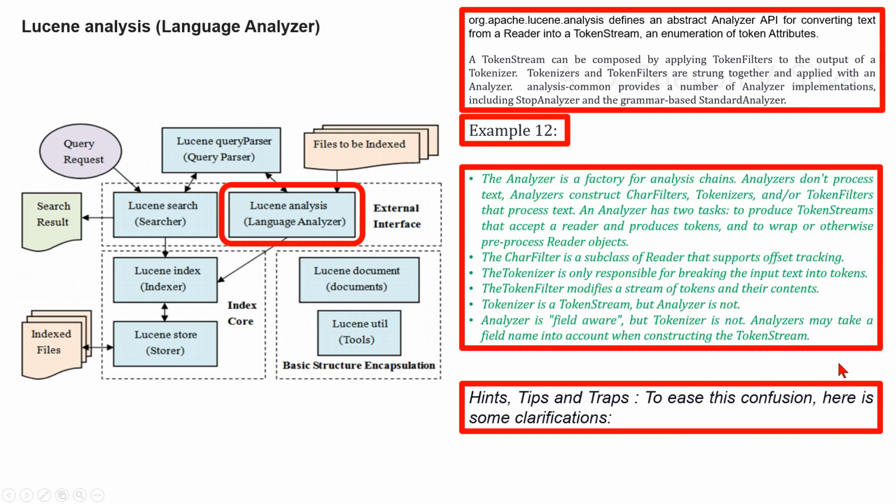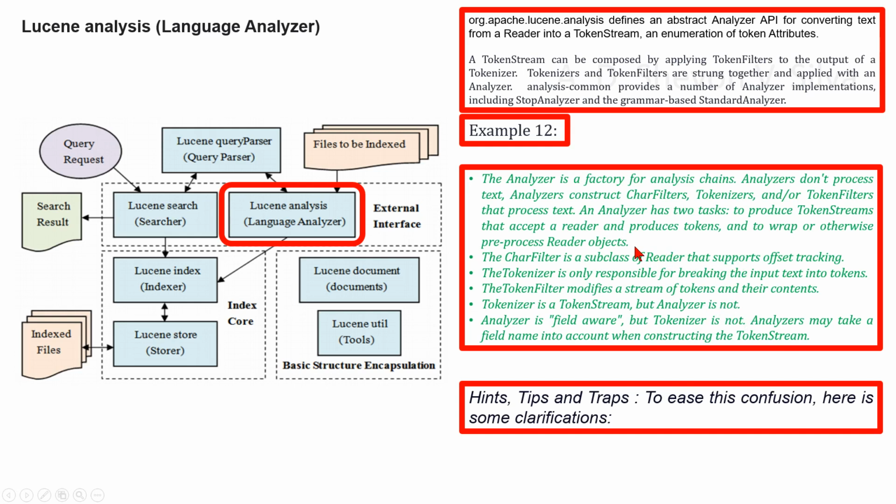Now we are considering hints, tips and traps. The relationships between analyzer and char filters and tokenizers and token filters is sometimes confusing. To ease this confusion, here are some clarifications.